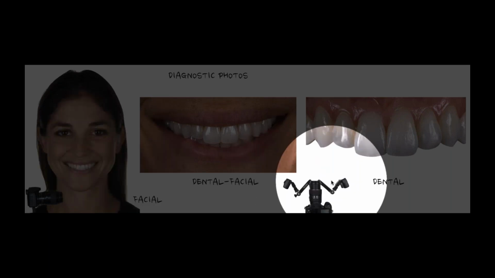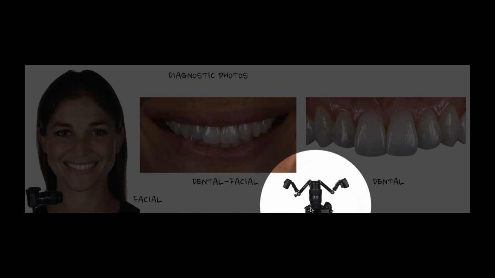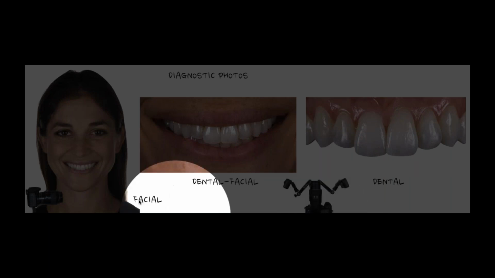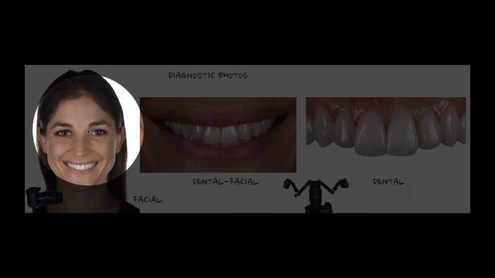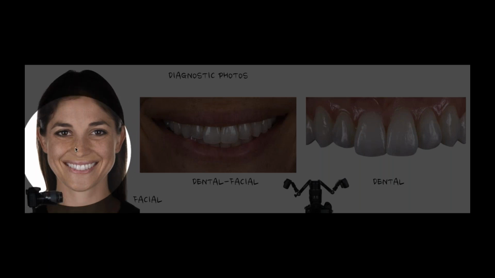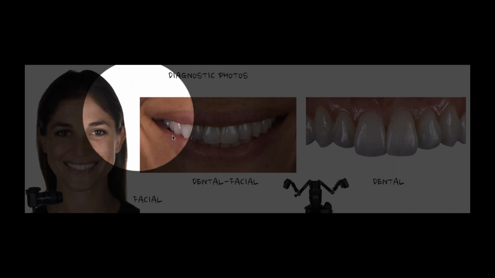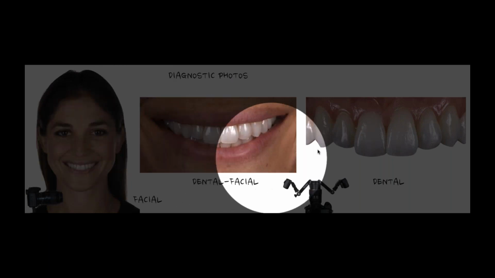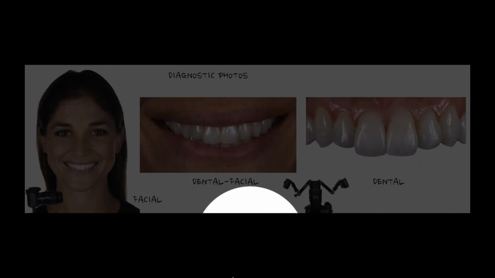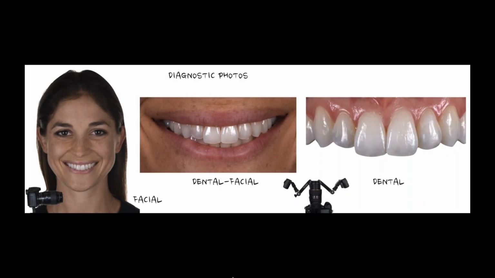I shut these two flashes off and just use the flash on the camera, and I change my setting to priority or portrait. I only do that because it gives me a little bit better light to get a full face shot. But that's the only time I make a change on the camera. Every other shot you see, facial and dental, I'm taking with my two side flashes all the time, okay?